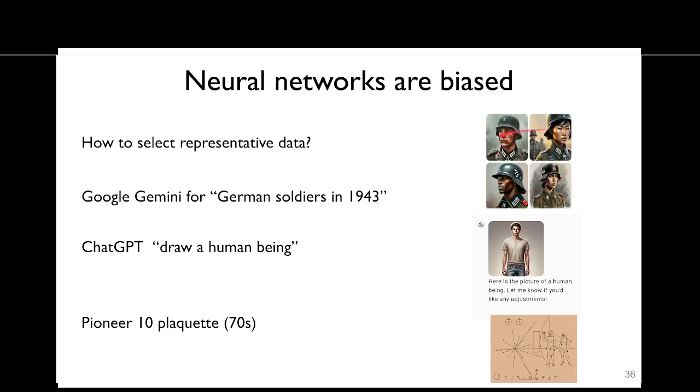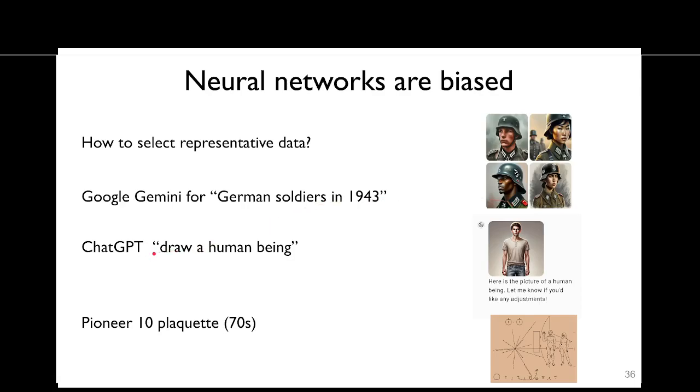And the picture that was presented by the system is this one over here, right? It shows an Asian-looking lady, a black male, and a female. So it's basically really nicely balanced: two women, two men, different ethnicities. But sorry, very, very bad. That is not representative of German soldiers in 1943.